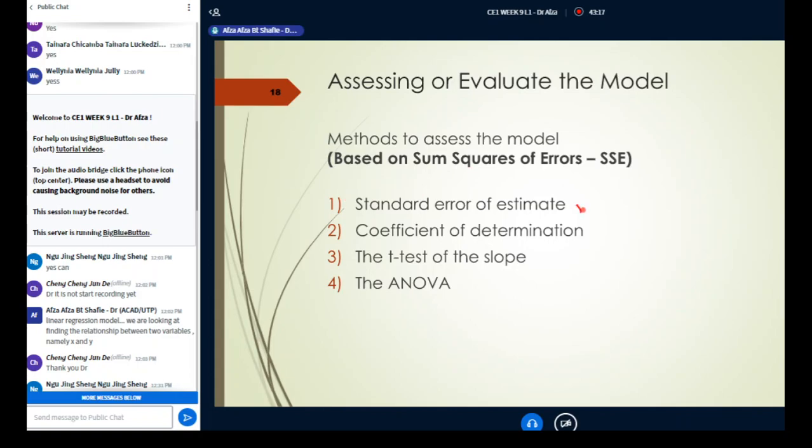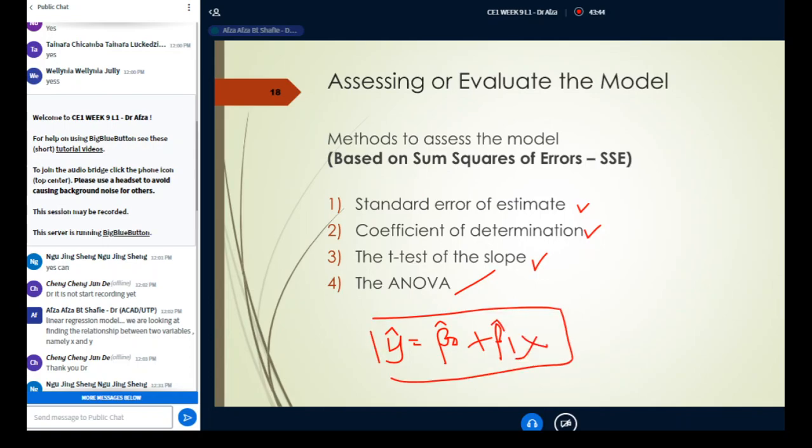If they pass all these tests, then only we say that the model of y hat that we got just now is a good model.